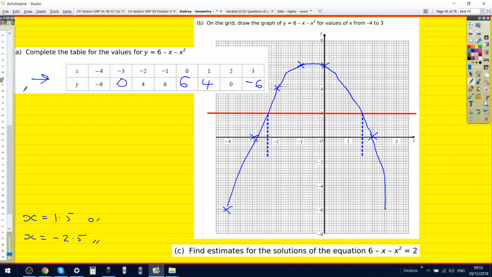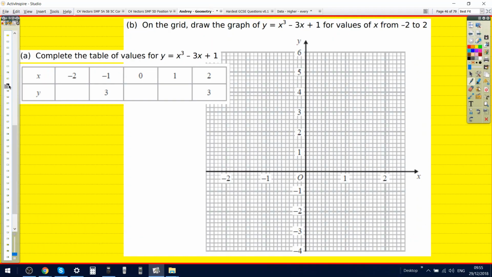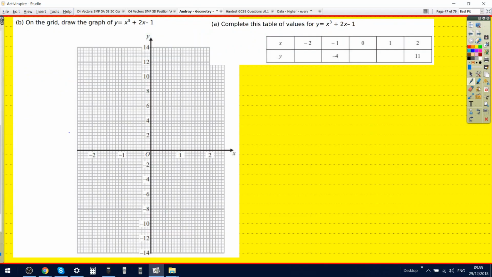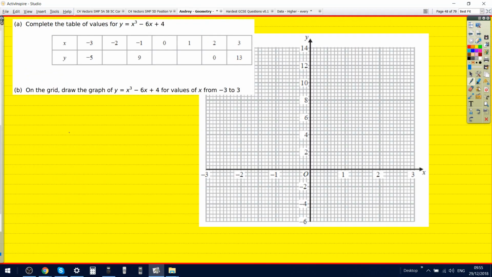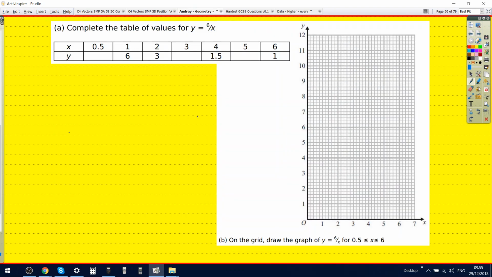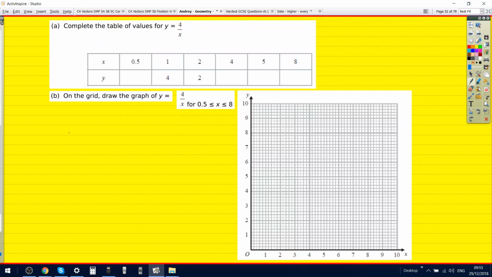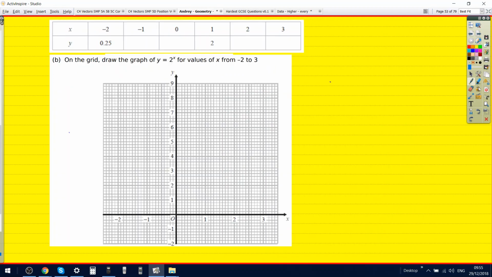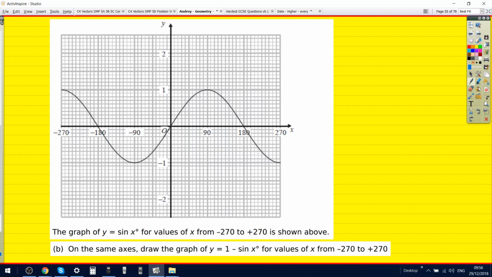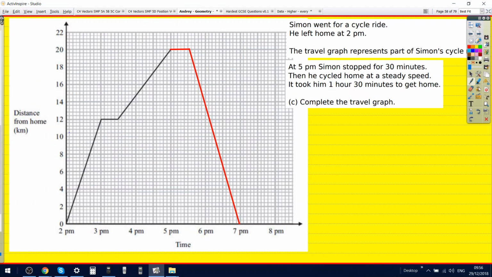And just do it as accurately as you can with your ruler. So that's x cubed. Actually they're much easier then. These are much easier.